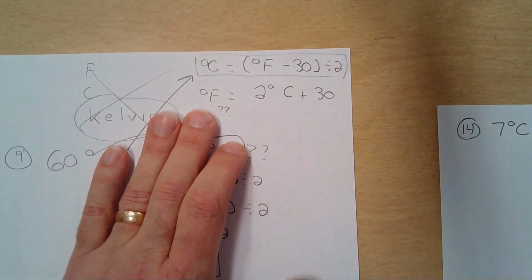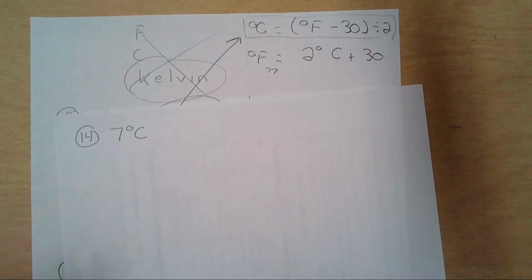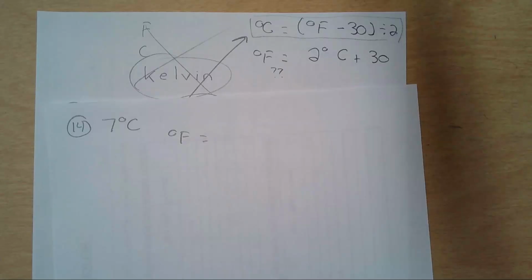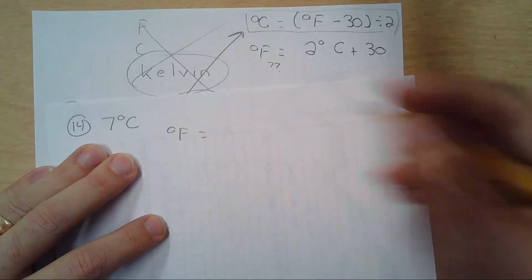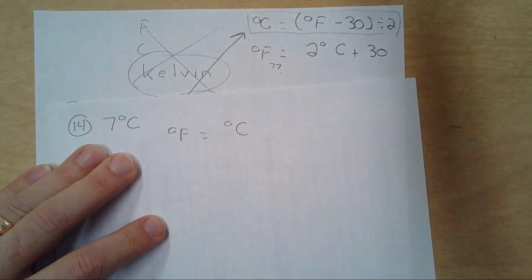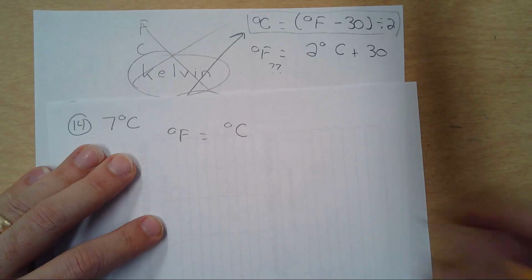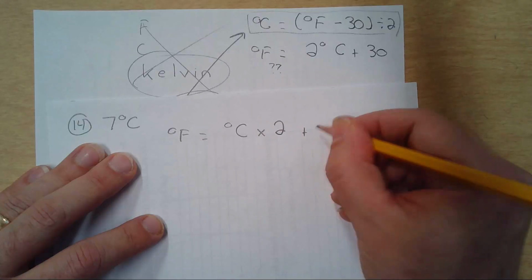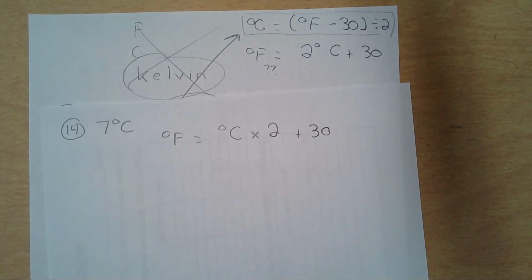How do I do that? Well, write out my formula here. This one's not written super well, but what it is, I take my degrees Celsius, I multiply it times 2, and then I just add 30 to that number.